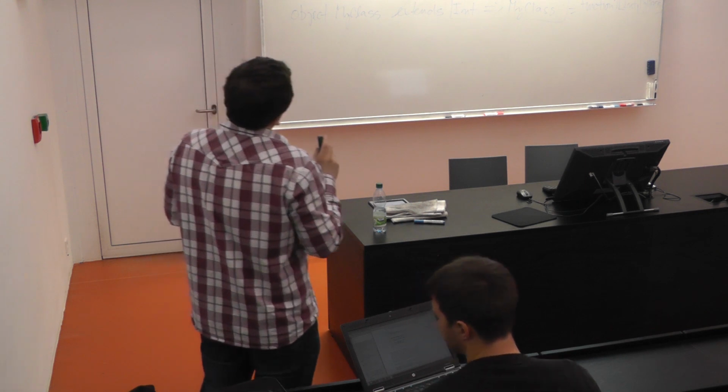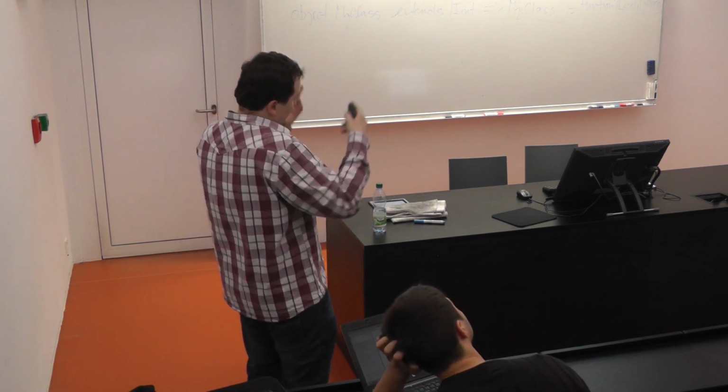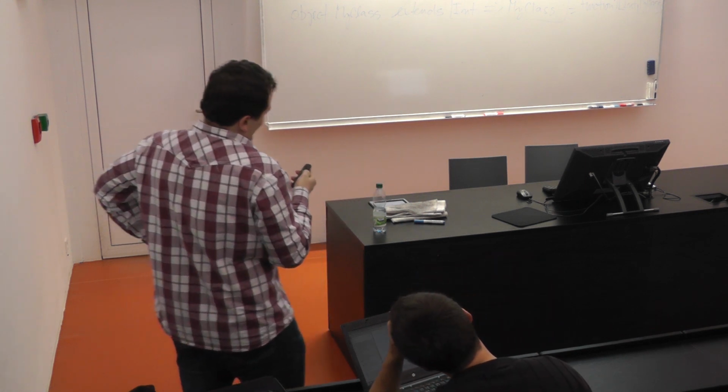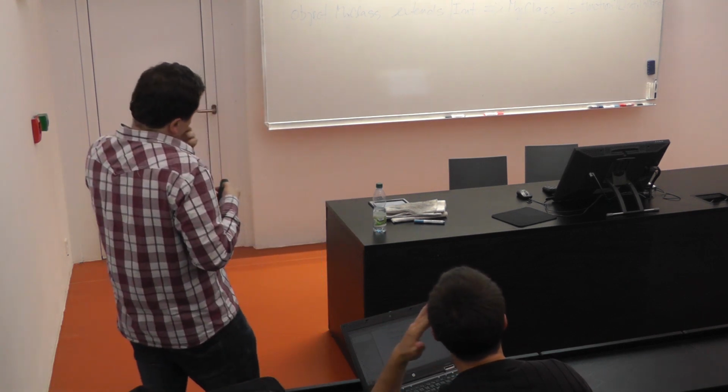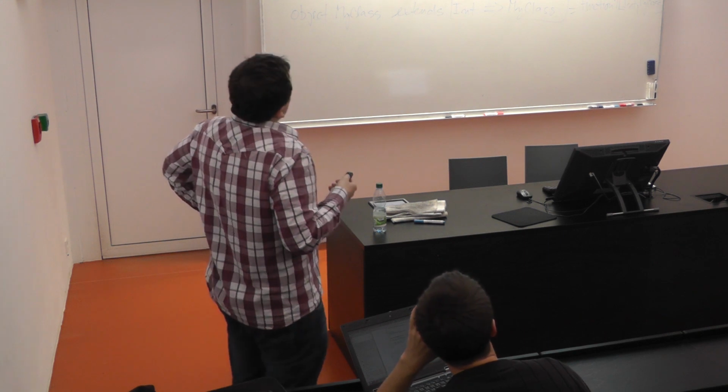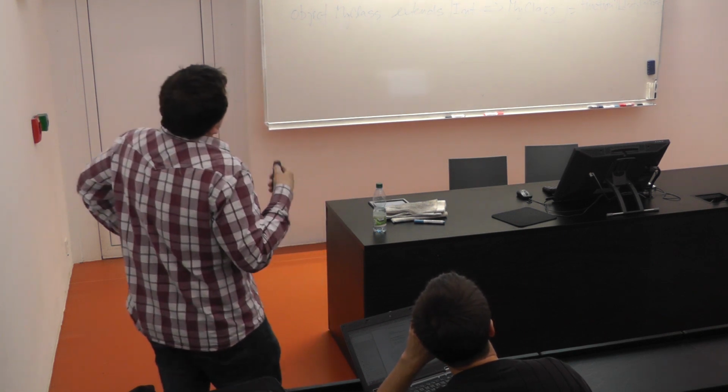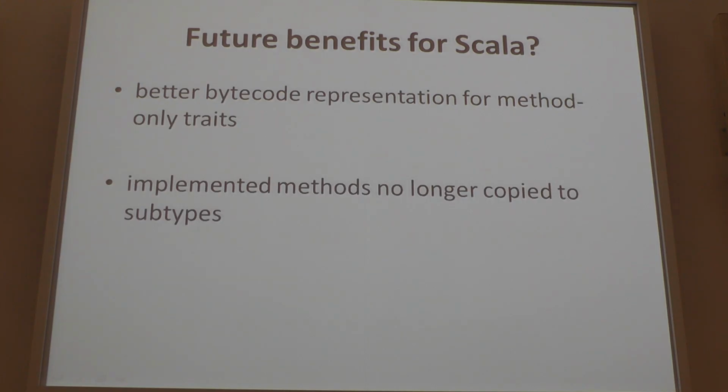And if, for example, in some future versions of Scala that will target Java 8, you could implement traits differently, but only the traits that have only methods, because interfaces in Java cannot have variables.